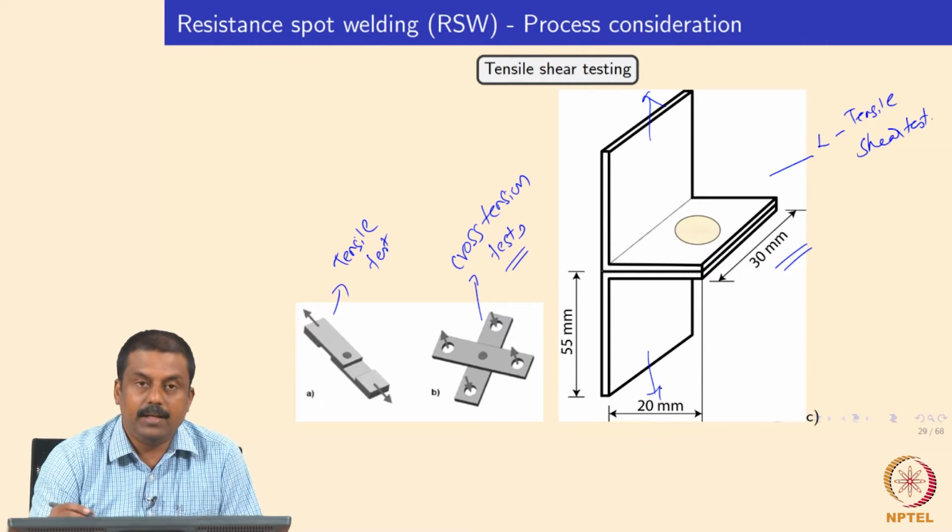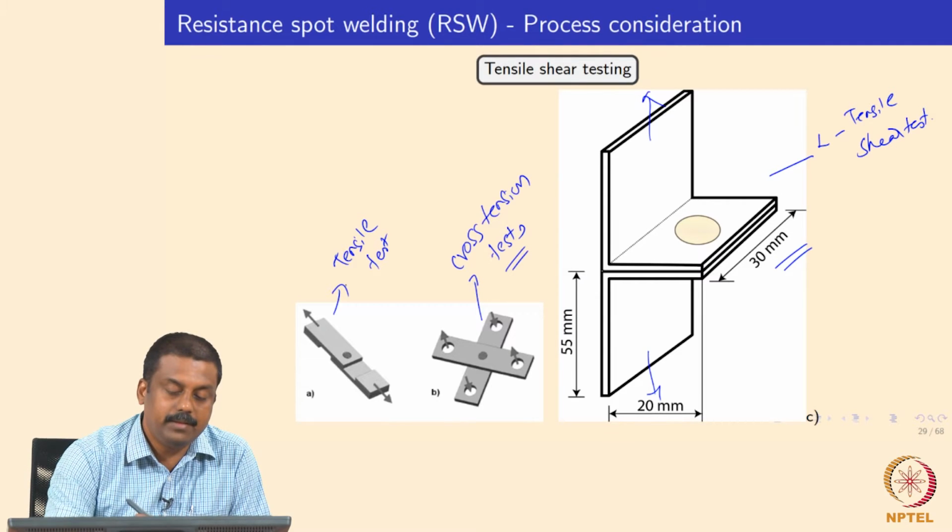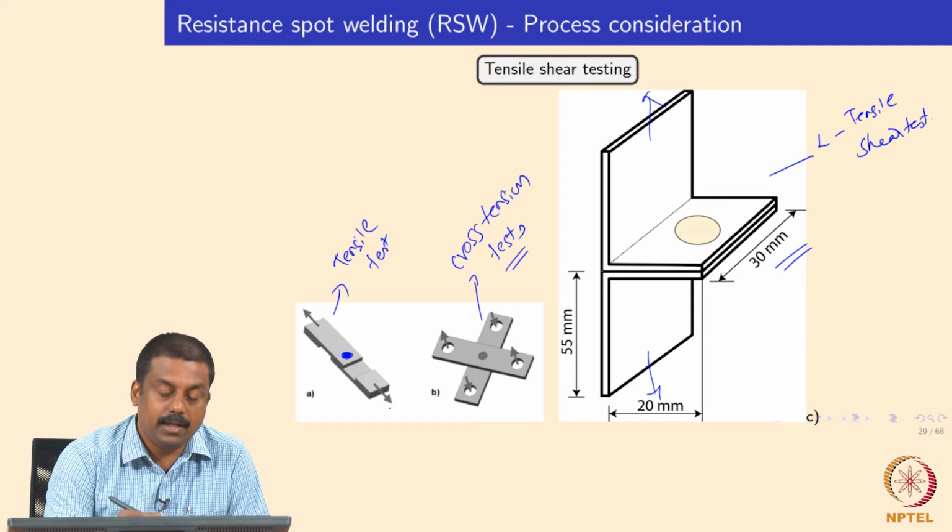I will explain in simple terms how the tests are carried out. The tensile test is very simple. You make two overlap joints and make a spot weld at the joint, then pull it and identify the shear strength, or strength required, to break the sample. The sample can break either in the weld zone, the heat affected zone, or elsewhere. Obviously, if failure happens not on the weld, it is a good weld.